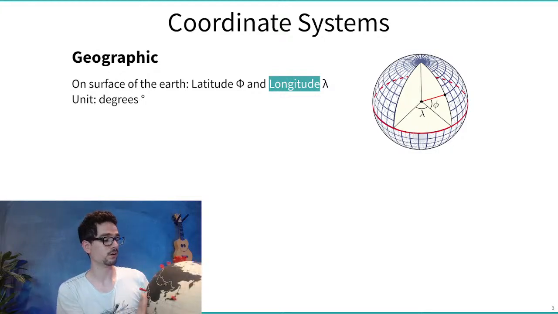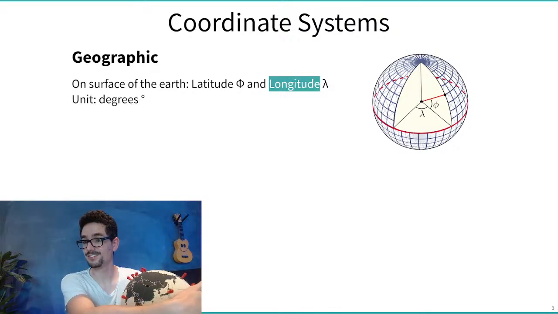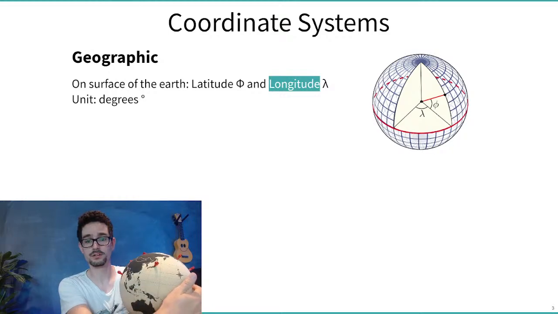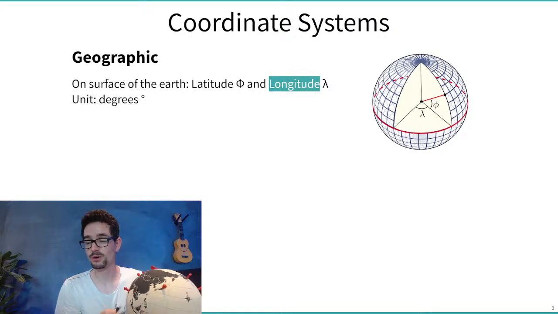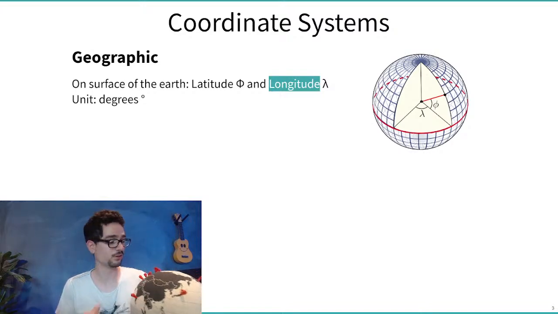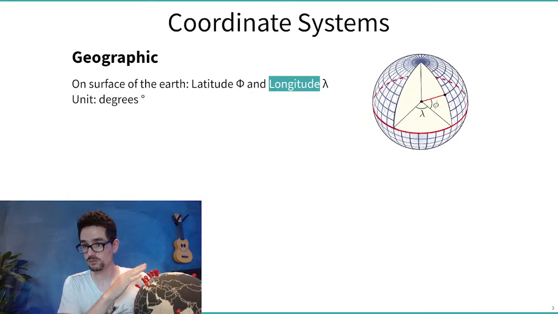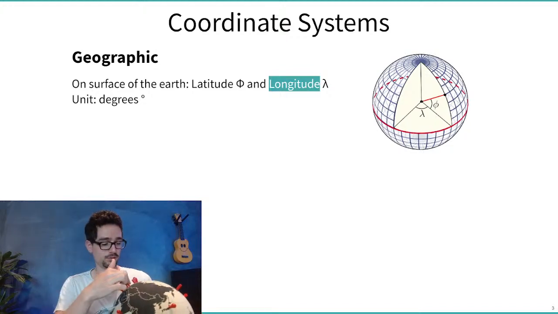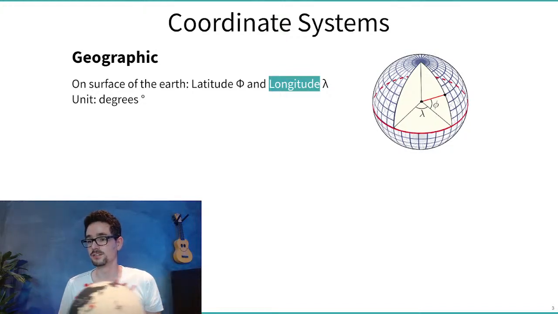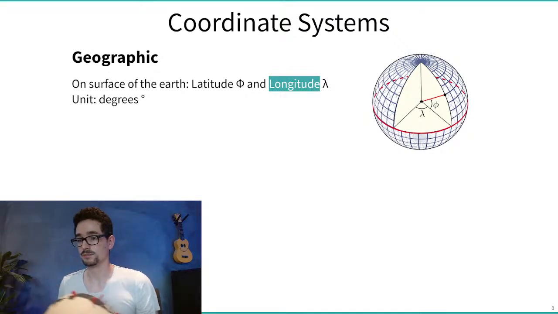And when we are in London, then we go either east or west up to 180 degrees. If we go 180 degrees in longitude, then we are on the other side of the world, the opposite position to London. And if we go 180 in the west way, then we are at the same point. So basically this one point is the same, independent of whether you go east or west.